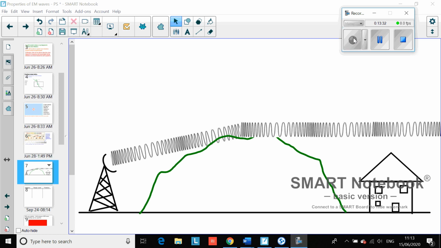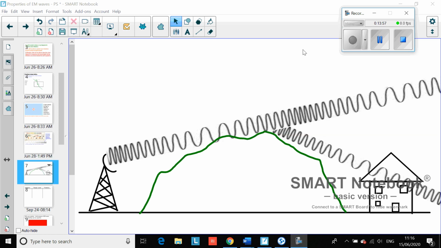So what happens is this. As you can see, because it only refracts a little bit, or diffracts, sorry, I should say, around the object, in this case, say a hill between the transmitter and the house, the signal won't go to the house. So what we do is this. We use long wave radio waves. Okay, we use long waves in order to transmit TV and radio signals.